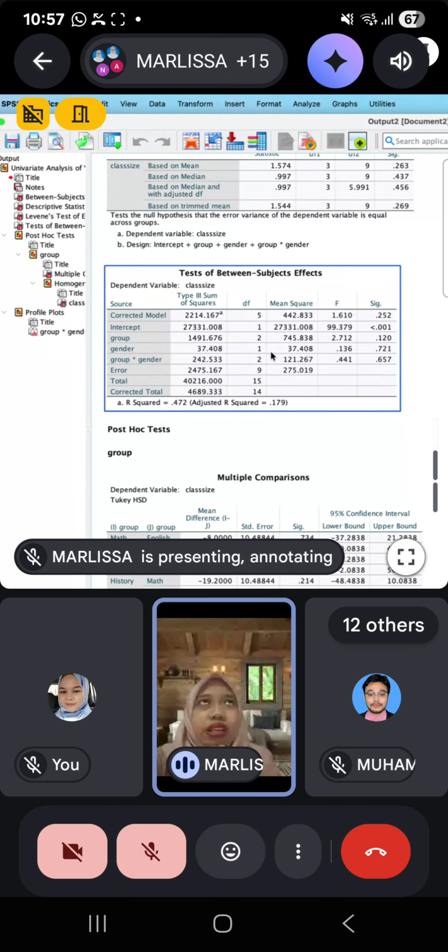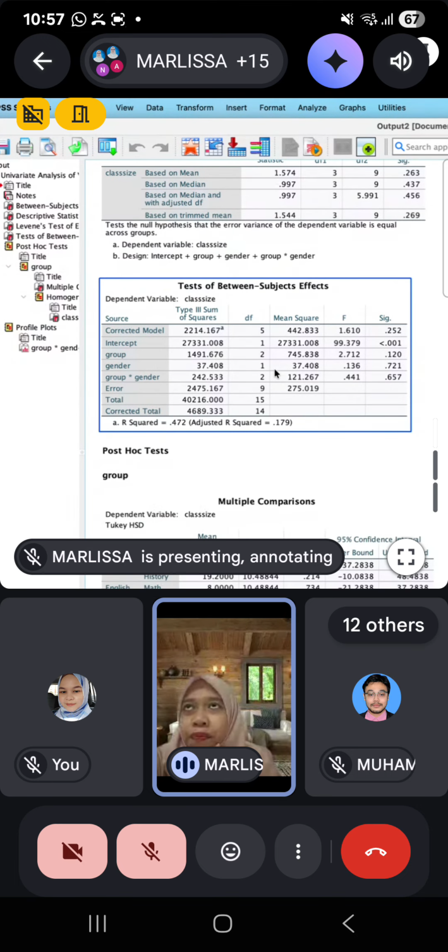Which one has significance towards which, because in group and in gender there are several groups. Group and gender are the factors, the independent variables, and in the group we have other groups here. Set 1, set 2, set 3, and for gender we have male and female.